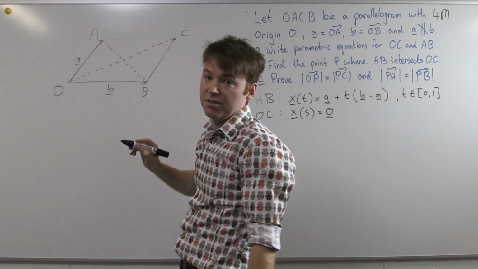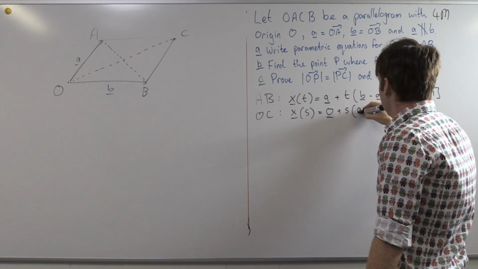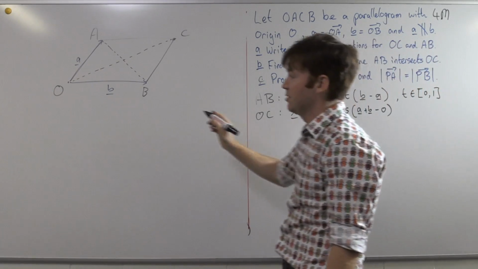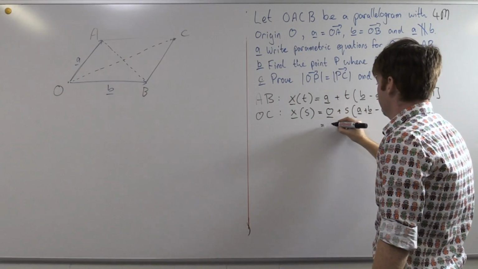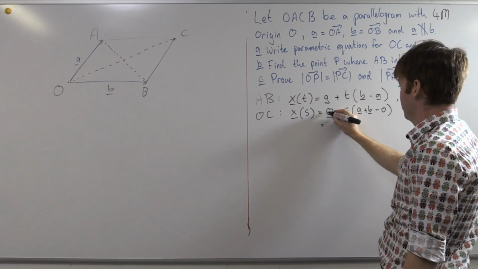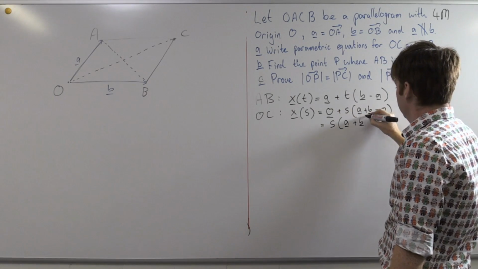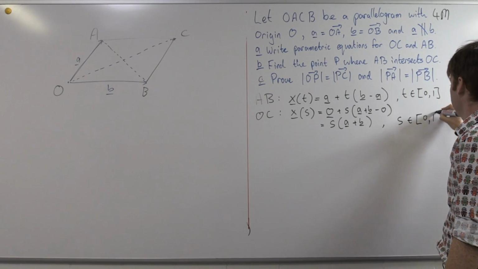This vector here is A plus B. So S times A plus B minus 0. So this is some amount of the vector OC, and I can write that out a bit simpler because the 0 vector just goes away. S(A plus B), where S is again between 0 and 1.